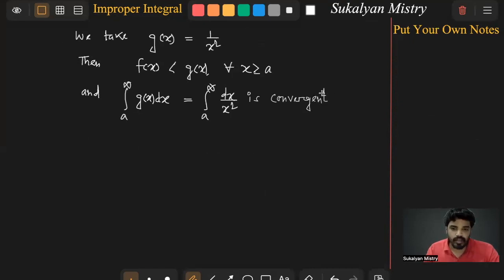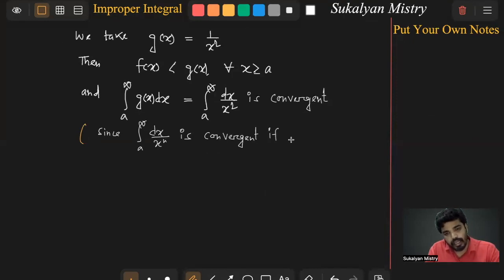Because you can write here, we know that since integration a to infinity dx by x to the power n is convergent if n greater than 1 and divergent if n less than or equal to 1.